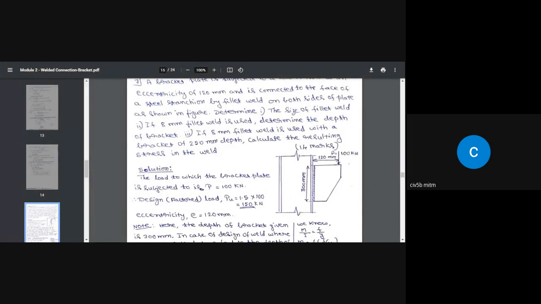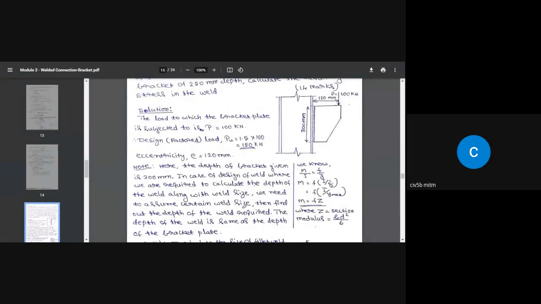In a type 1 connection, the weld was subjected to both direct shear and torsional shear. That is the reason why we used the torsion formula T by Ip equal to Fs by R equal to C theta by L. But in type 2 connections, wherein the weld and the load are on two different planes, we have to make use of the bending equation.